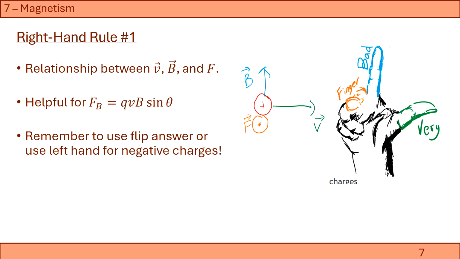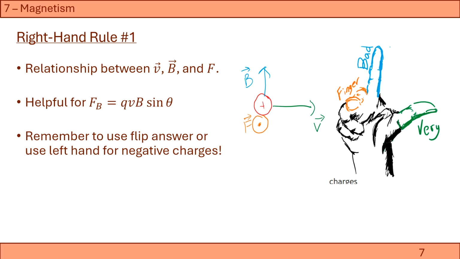And so let's just look at these right-hand rules so far. We have this first one which we learned, the very bad finger one, where V represents the velocity, B represents the magnetic field, and F represents the force. And this follows the equation F equals qvB sine theta.